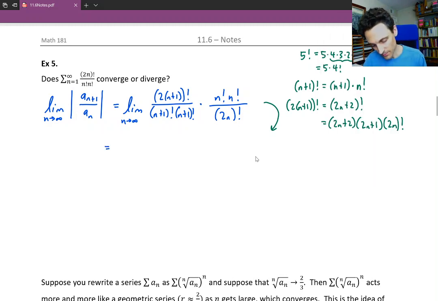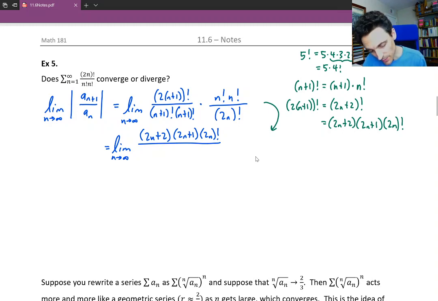Okay, let's write out what we have. So we have the 2 times n plus 1 factorial. That becomes 2n plus 2 times 2n plus 1 times 2n factorial. Then we have the n plus 1s.